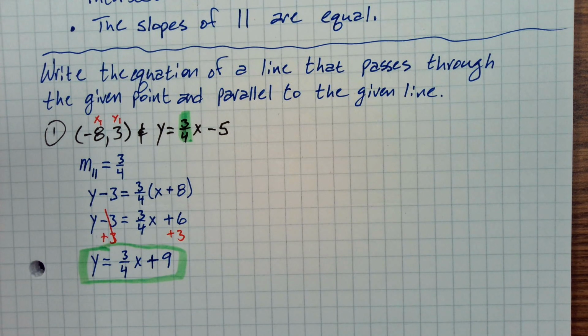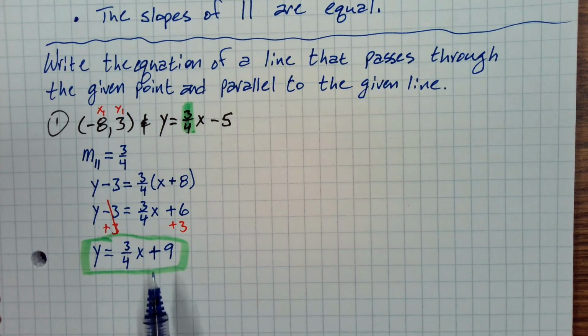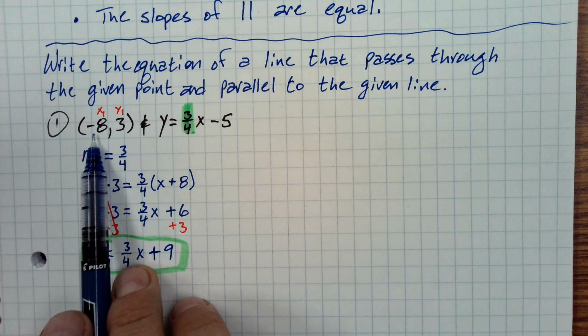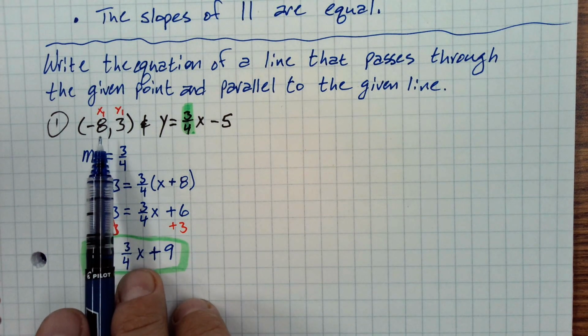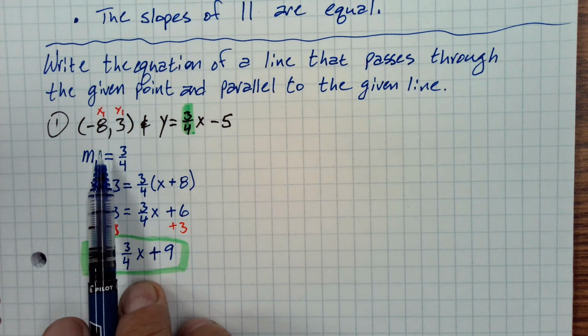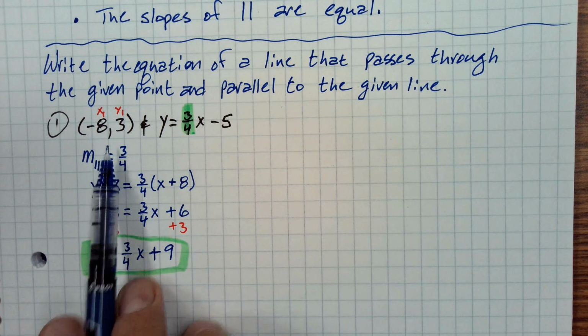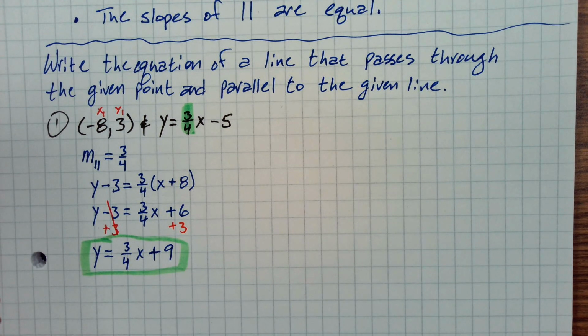Yes? For these, can you also just give any other points with the same slope? Any other points with the same slope? Yeah. There's no guarantee that it's going to go through this point. You see what I'm saying? Those are the two requirements. It has to be parallel to this line, yes, but it has to go through this particular point. If I go back into Desmos and graph them, you'll see that this one goes through that point.